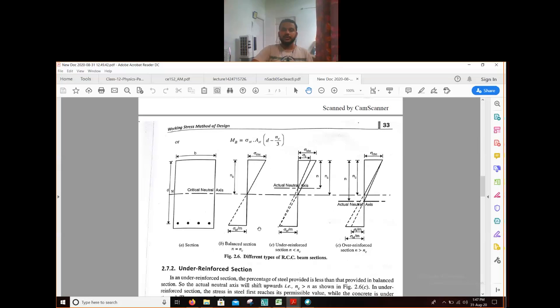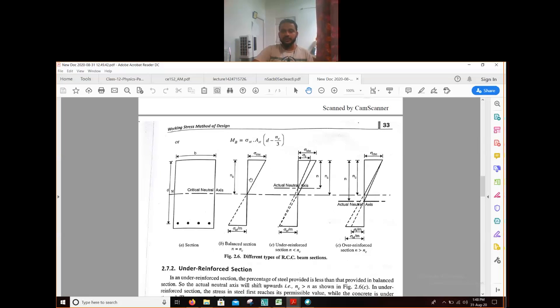According to the definition of the balanced section, if the maximum stress in steel and the maximum stress in concrete are both attained at the same time, then the section is a balanced section. In the balanced section, whatever neutral axis you get will be known as our actual neutral axis. This depth is the actual neutral axis.